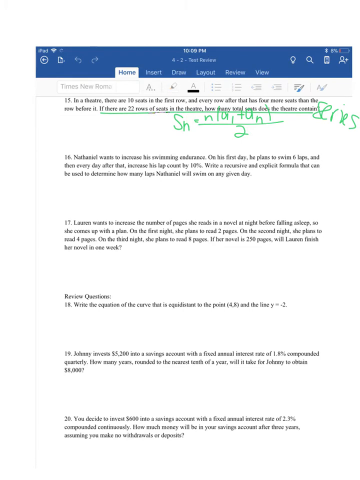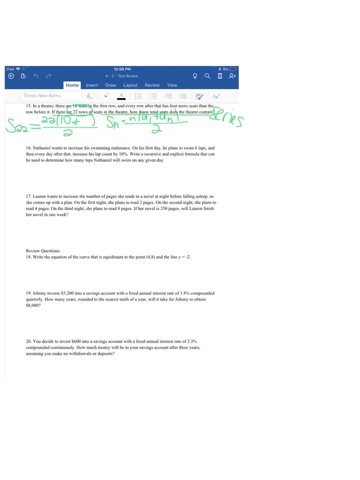Okay, so here I have that s sub 22, because I'm looking for 22 rows, is equal to n, which we just said is 22, times a sub 1, we have 10 seats in the first row, plus, I need to figure out what a sub 22 is. I need to know how many seats are in the last row, and divide it by 2. So a sub n I'm actually going to do over here.